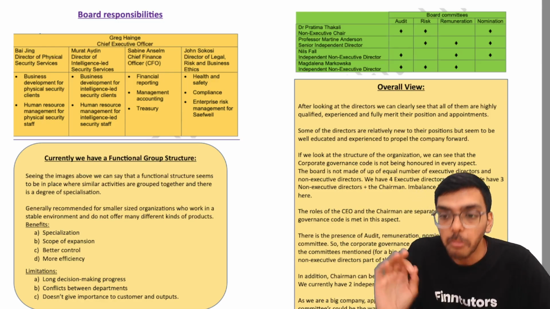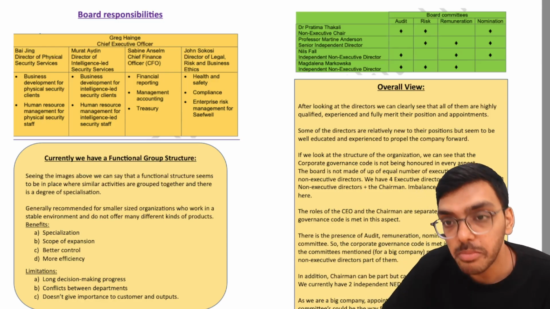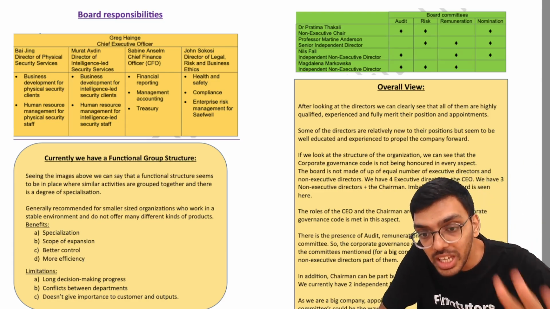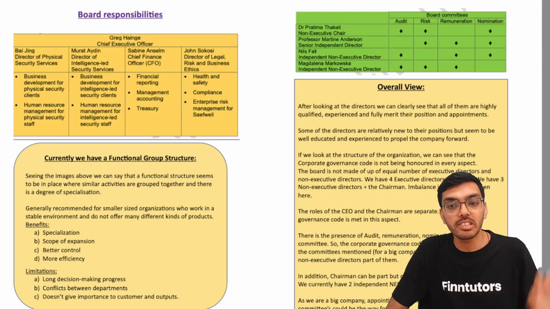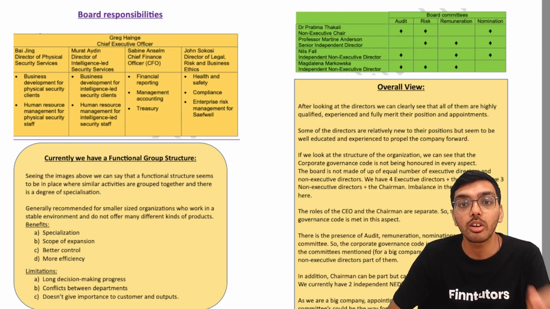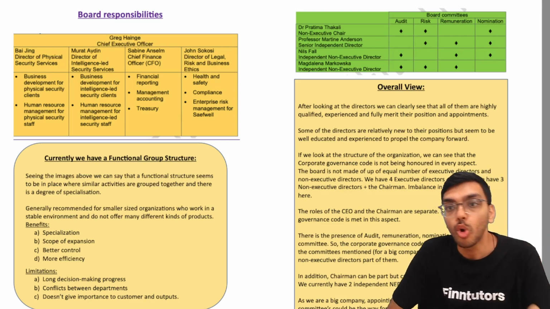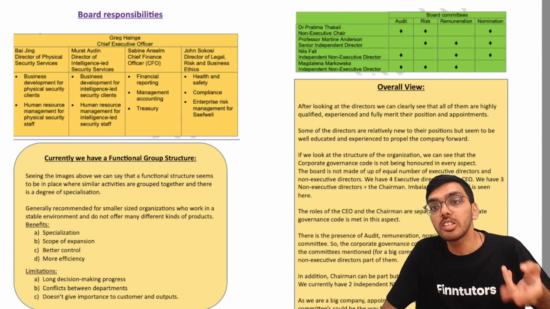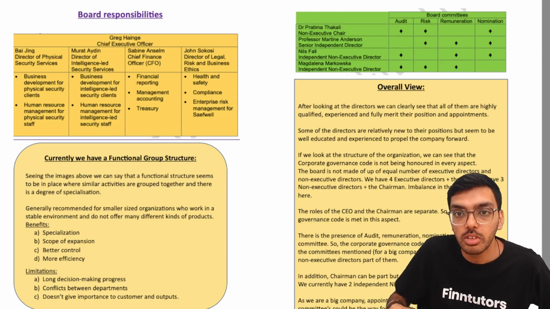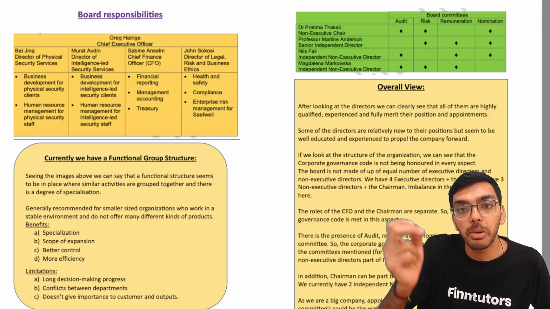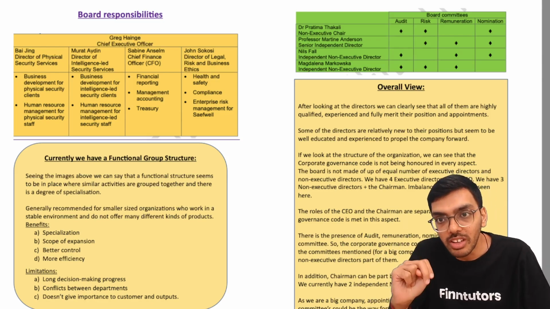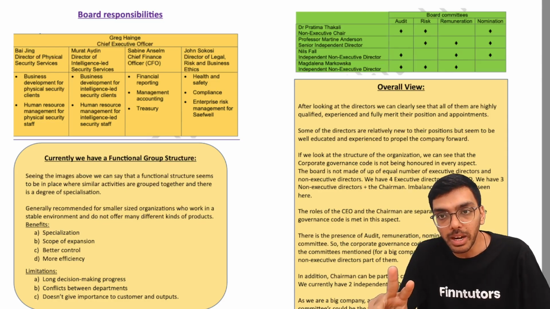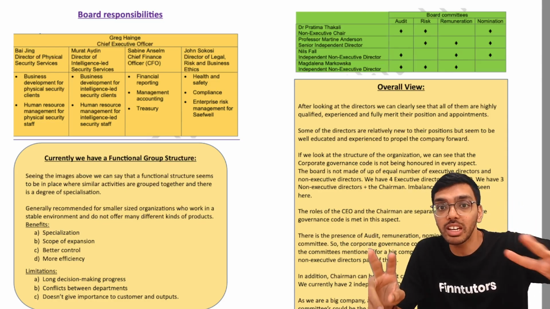Good thing. But all the committees mentioned for a big company like ours must have 3 independent non-executive directors as part of them. Over here, let's pick the audit committee. In the audit committee, the chairman is part, plus there are 2 independent non-executive directors. Same way, risk committee, chairman is part, 2 independent. So there were 2 non-executive directors only.